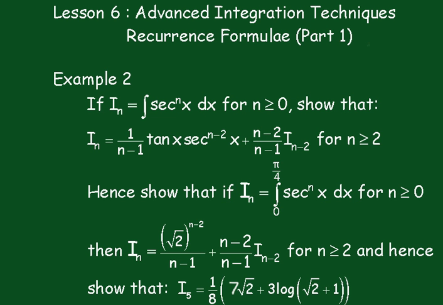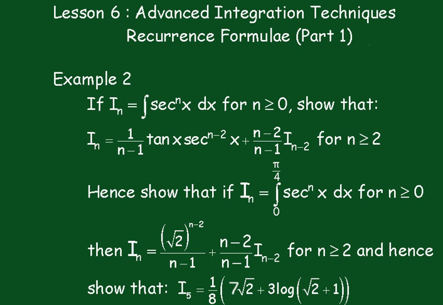Example 2. If In equals the integral of sec x to the power n dx for n greater than or equal to 0, show that In equals 1 over n minus 1 tan x sec x to the n minus 2 plus n minus 2 on n minus 1 In minus 2 for n greater than or equal to 2.